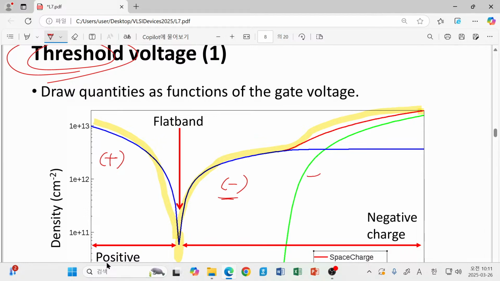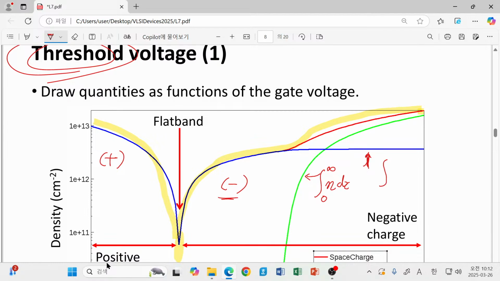So here we have one and the other, and this green line is corresponding to purely electron. So this is corresponding to electron density integrated from 0 to infinity. This is drawn.